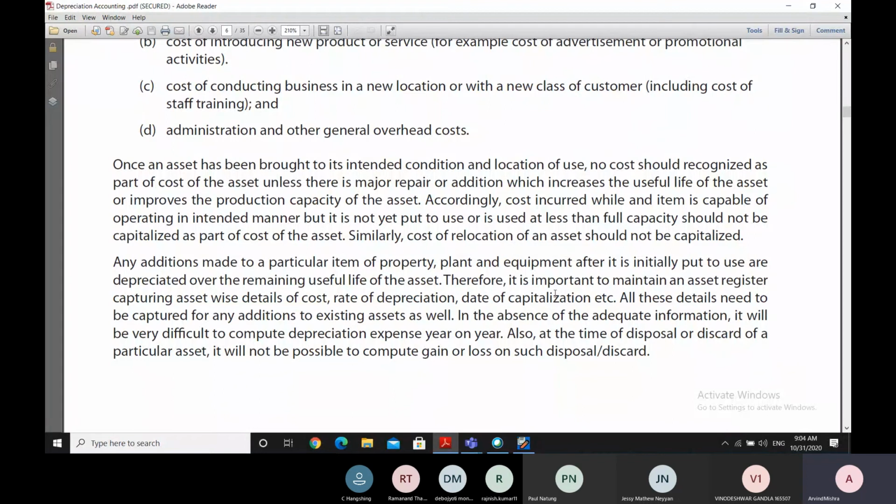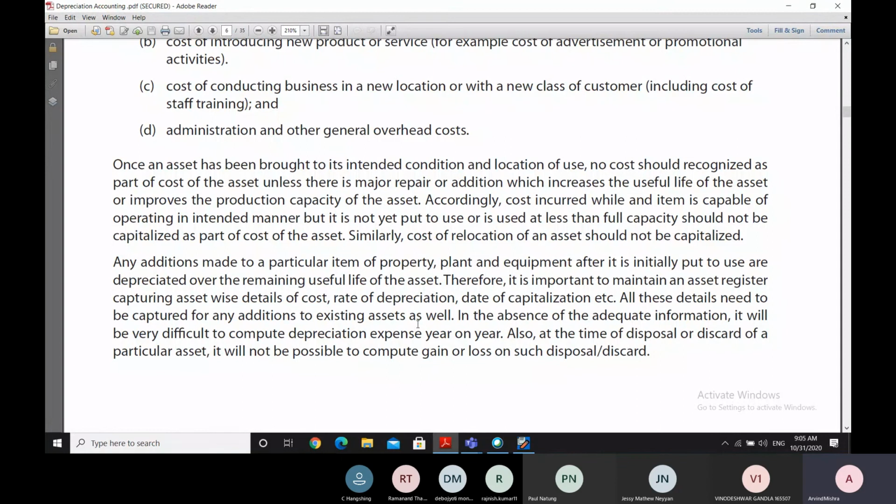All these details would be mentioned in the asset register, and all these details need to be captured for whatever additions we are making in the existing assets. And there will be a very systematic record in order to be able to allow depreciation in a proper manner.